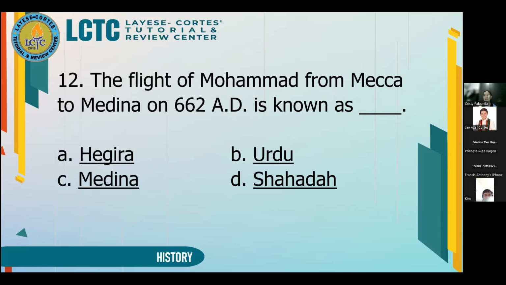Sir Kim, what's your answer, sir? My answer is letter C, Medina. Medina. Okay. The answer of Ma'am Lloydie, if I'm not mistaken. Medina. How about the others? Wise guess. Letter D, ma'am.